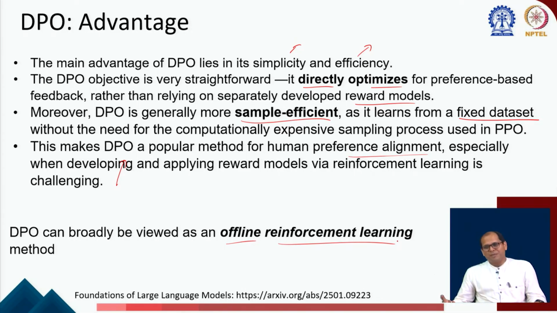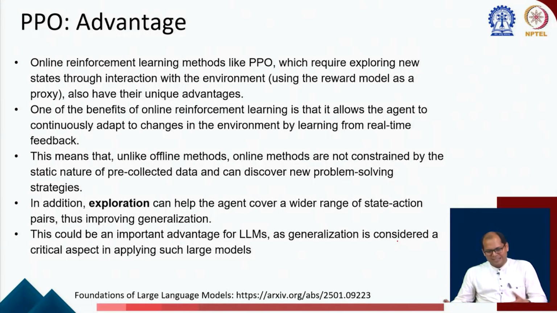Now what about PPO? Should we go for PPO? PPO is an online RL method, which has its own advantages, because you explore new states through interaction. What is happening in DPO is that you are completely limited by the preference data that you have, and you are not allowed to explore new states, right. So that's the benefit of online RL: it allows the agent to continuously adapt to changes in the environment, because you learn from real time feedback.